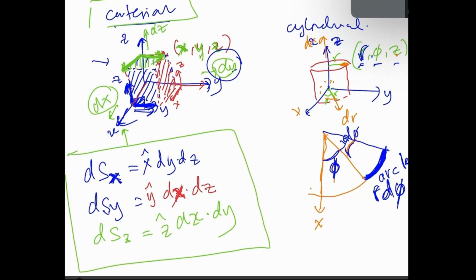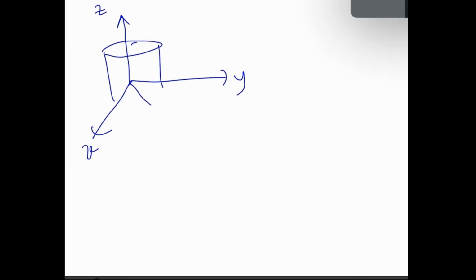Next is the cylindrical coordinate. This one is r, delta r.